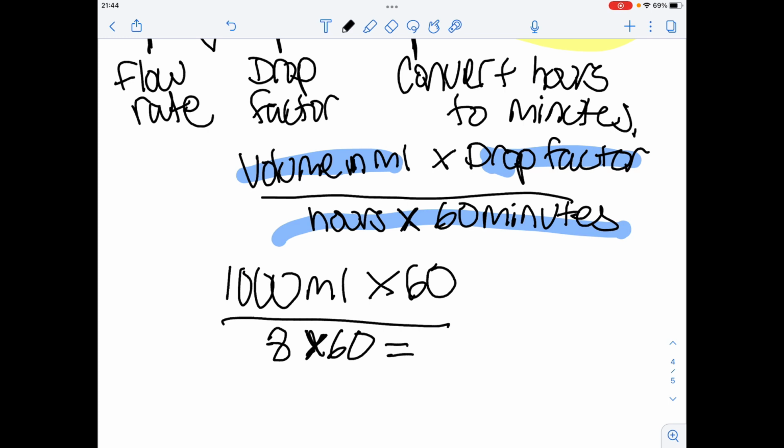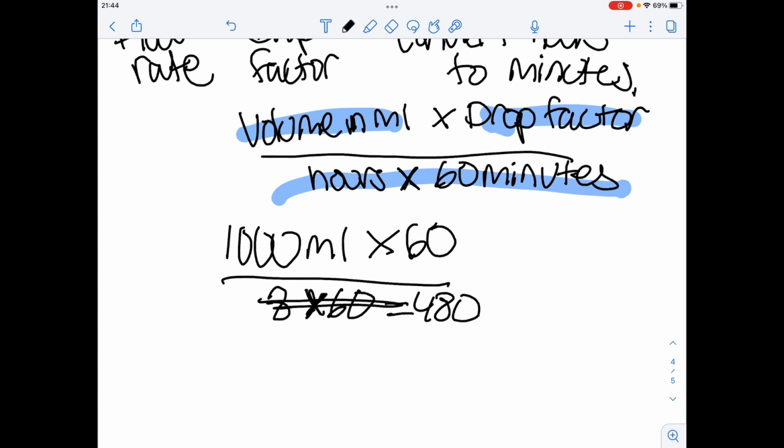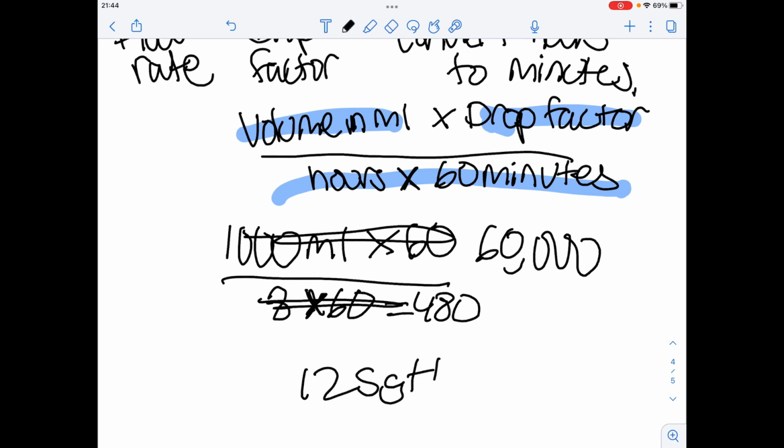If you do this, you get 480. So once again, we have the same ratio we had when we were done multiplying for dimensional analysis. So we have that 60,000 over 480. And if you divide that, you get 125 drops per minute. So, same thing.